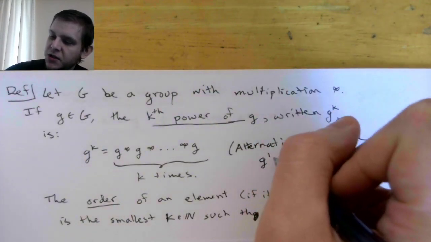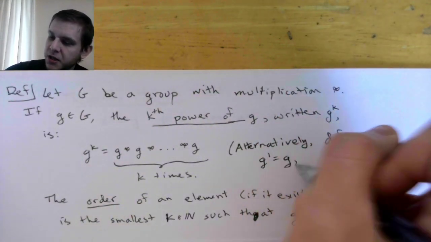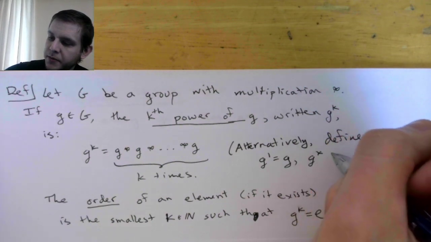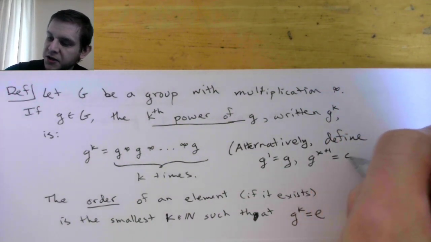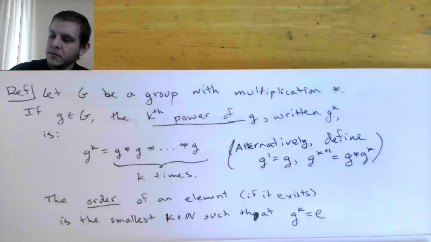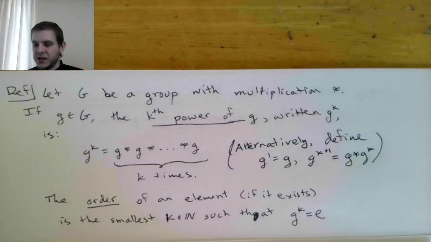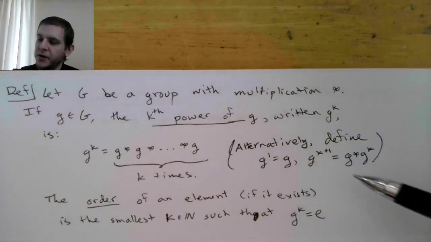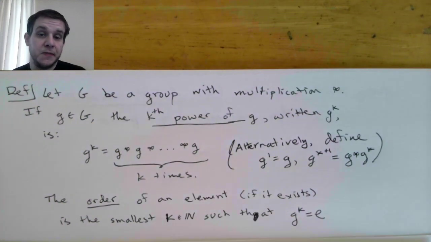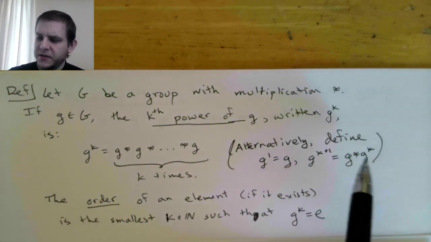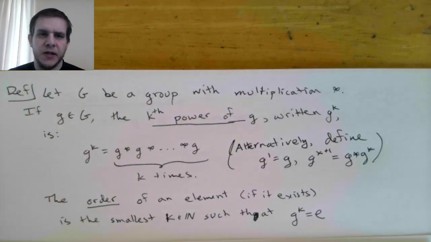So you can define G to the first power is equal to G, and G to the k plus 1 is G times G to the k. Right, so to find the next power of G, I take the previous one and multiply it by G. It's very easy to see that these two things are the same, just by induction.